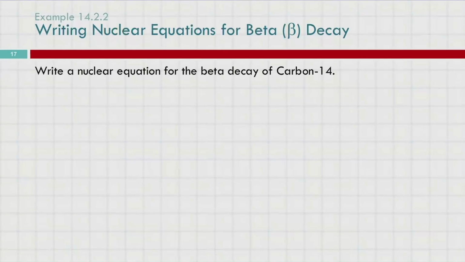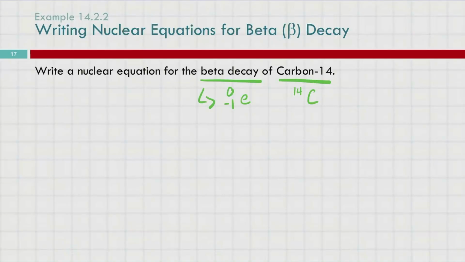Carbon-14 is a radioactive isotope of carbon. Let's write a nuclear equation for the beta decay. So the 2 important parts, it's beta decay, and we're starting with carbon-14. Beta decay means we're working with our beta particle, 0 over -1 e. It's an electron. I think of this -1 as its charge. And then carbon-14, our symbol is C. The 14 is our mass number.